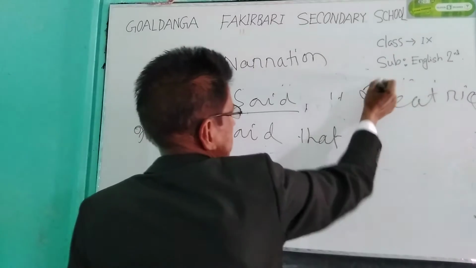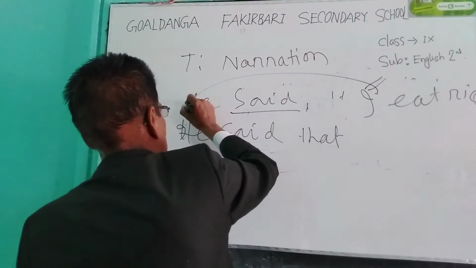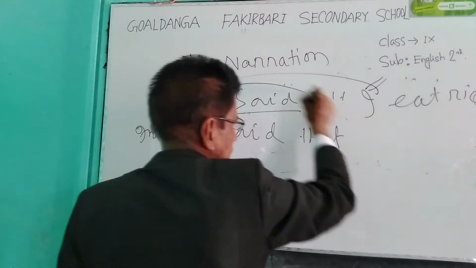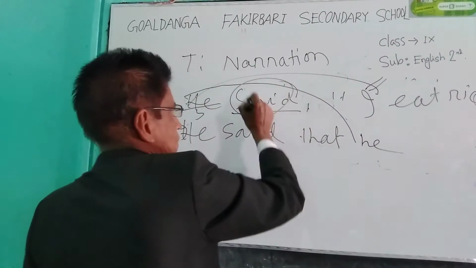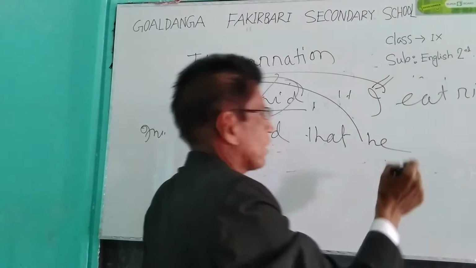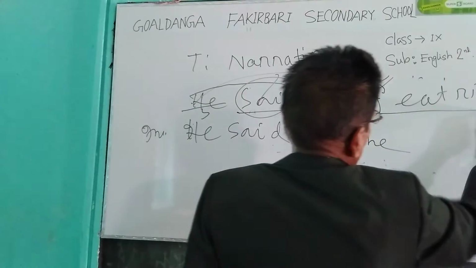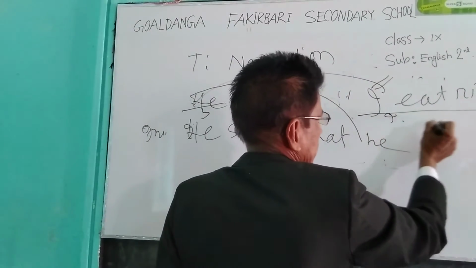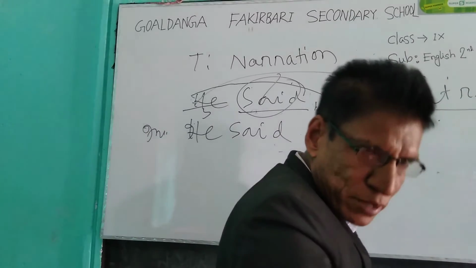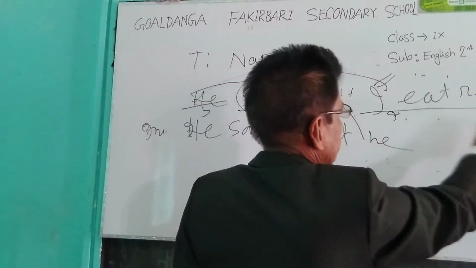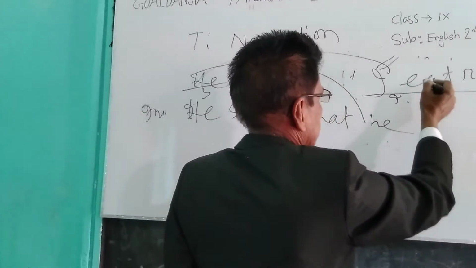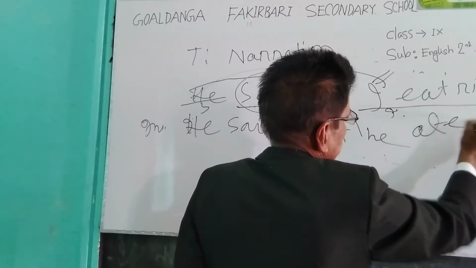And person I is a first person, which follows the subject. Here the subject is he, so we can write here he. The reporting verb is in the past tense. That's why the present indefinite tense will be changed into past indefinite tense. Eat will be ate, rice.